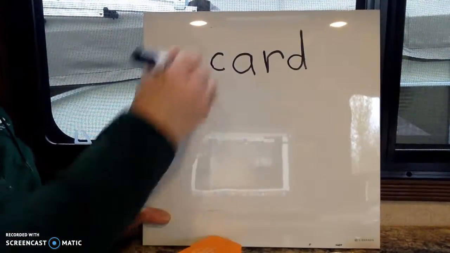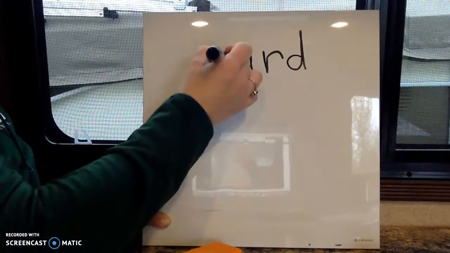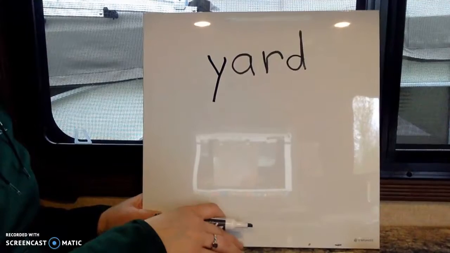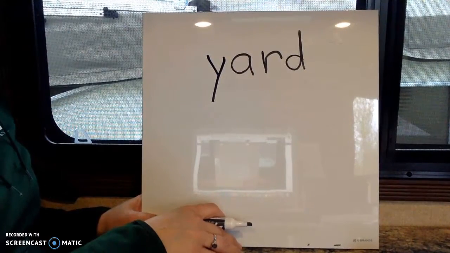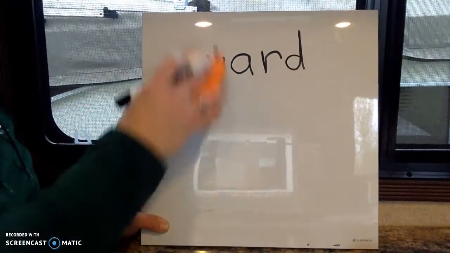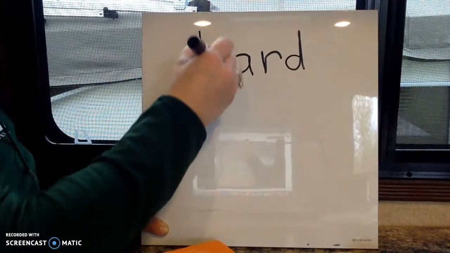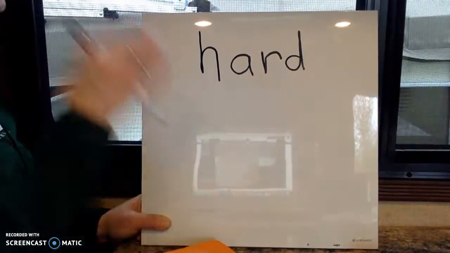Card, yard. The C is going to turn into a y. Yard. Change yard to hard. Hard. That Y, that beginning sound again, we've got hard.